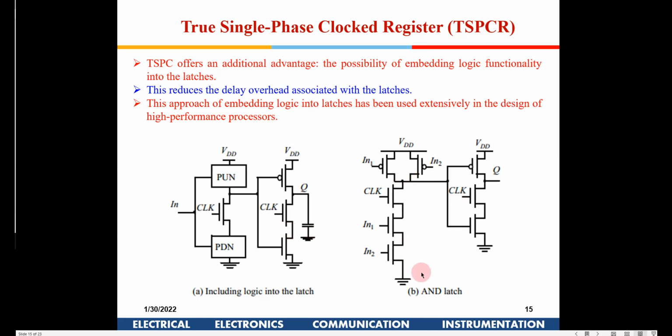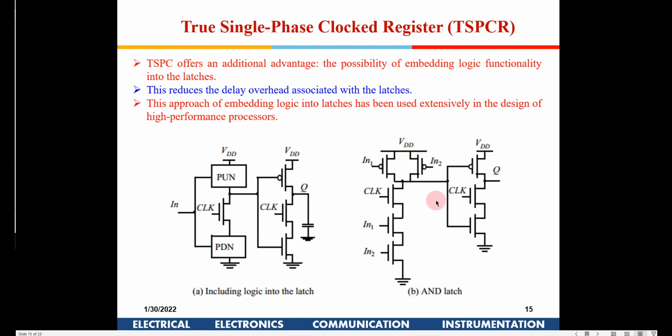Now if you see here an AND latch, the input is given here, two NMOS transistors are connected in series and two PMOS are connected in parallel. So this is a NAND gate, right? When the clock is going high, unless and until both the signals are high, only then this node will be 0.